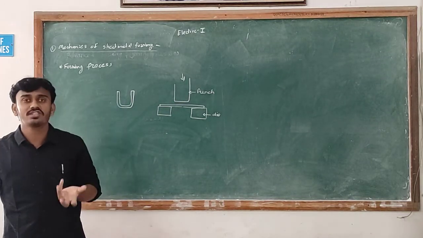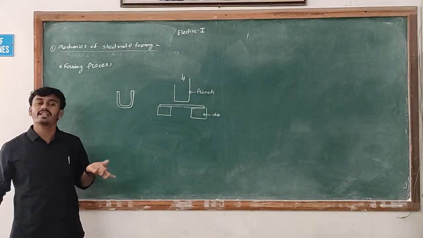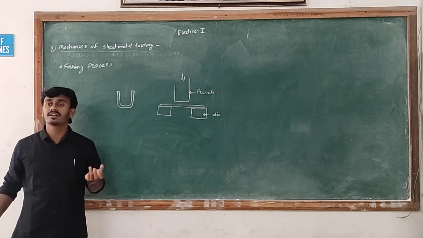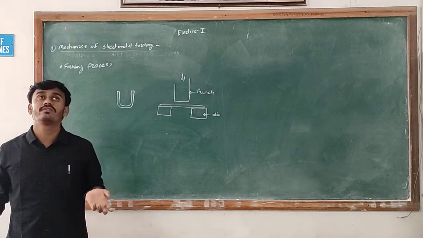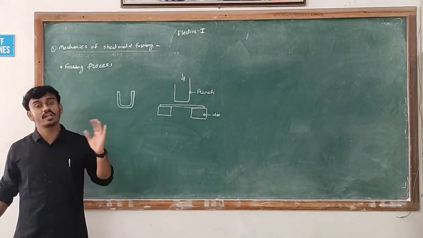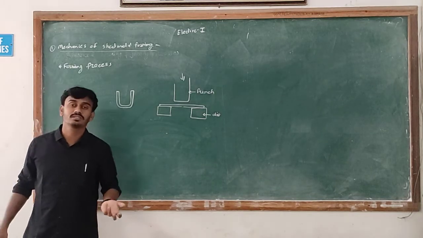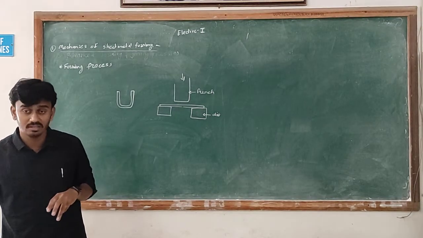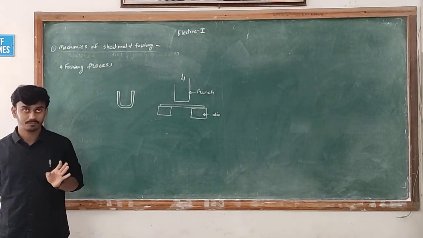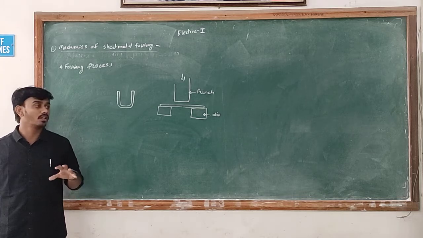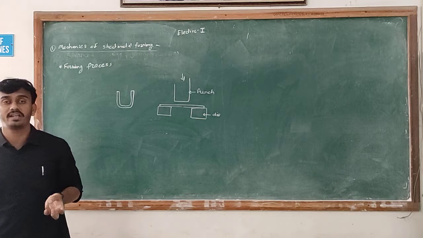There are some advantages of the forming process. In this forming process the material wastage is less. If we consider manufacturing, where we have to convert a material or part into the required shape, then in a turning process material wastage is there, but in the forming process less material wastage occurs.